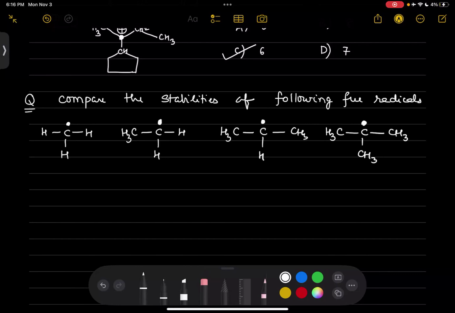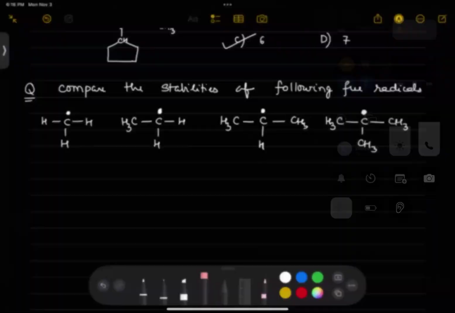These are the species, the reaction intermediates, which carry just one unpaired electron on the carbon. Structures that just have single unpaired electrons are known as radicals. Got it?